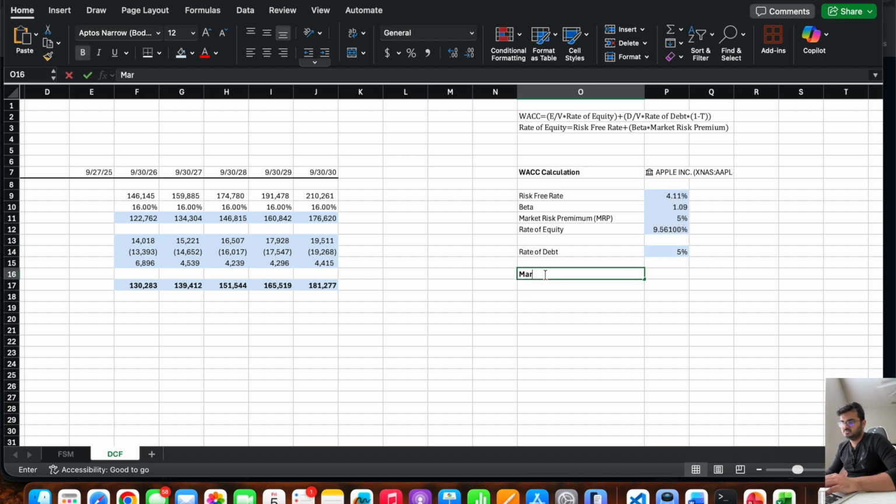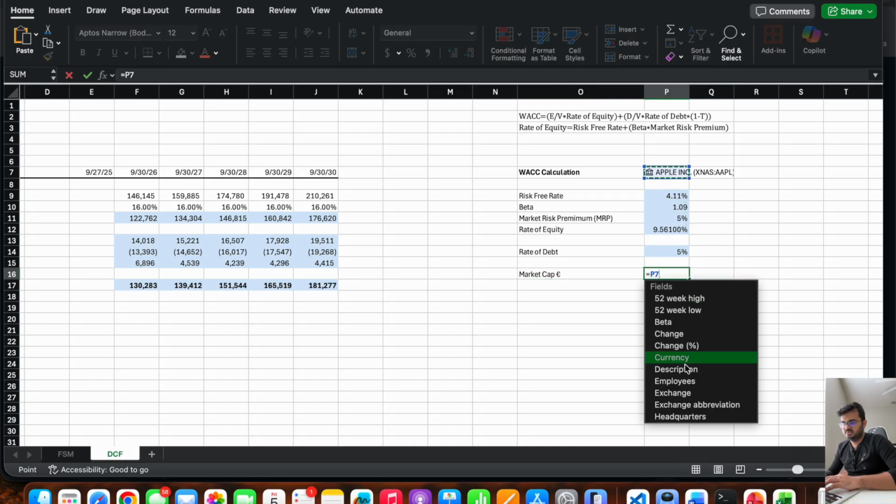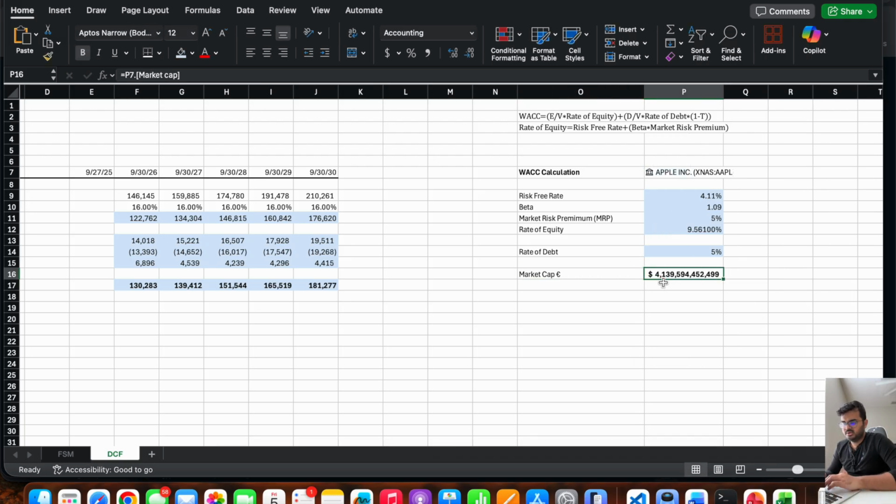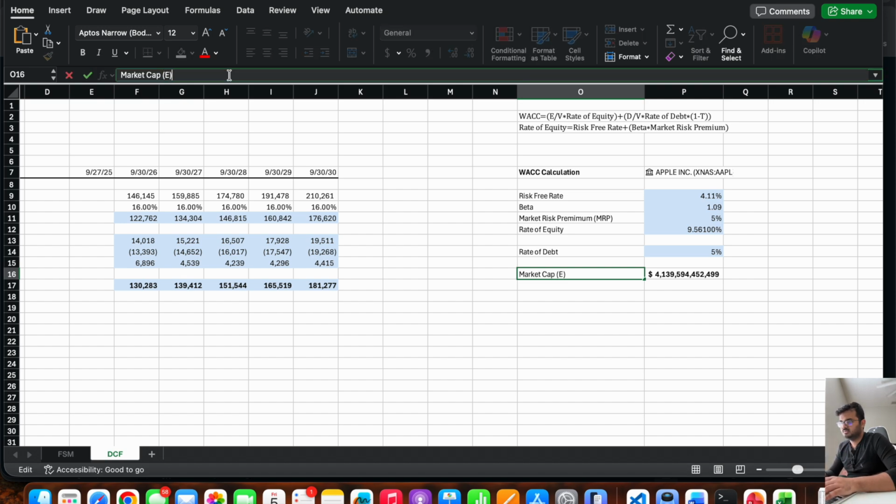Okay, and now I'm just going to get the market cap. Market cap is nothing but, in our case, E, which is equity. I'll get the market cap from here, which will update dynamically. It says 4.139 trillion, which is almost the same. There's no difference.